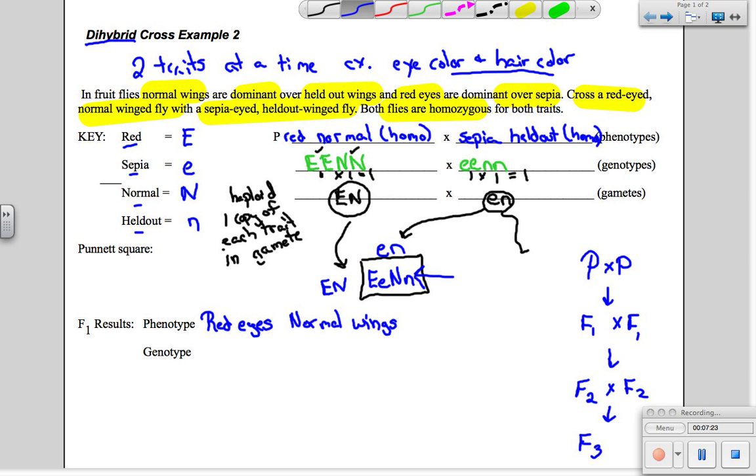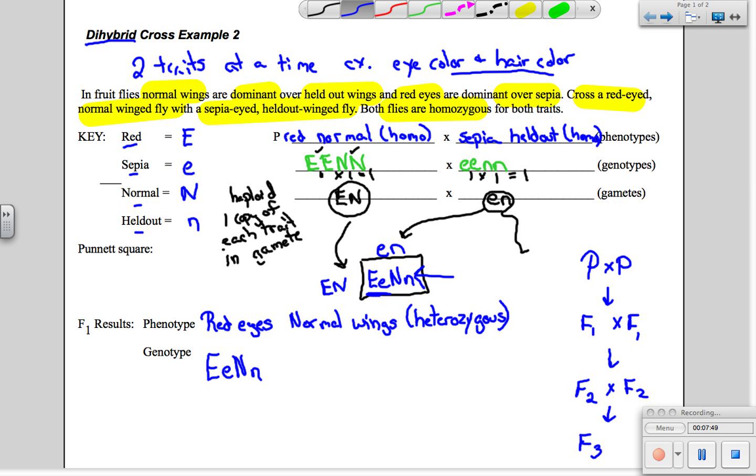Take a look at the alleles. They have two different alleles for each trait, making them heterozygous for each trait. What's the genotype that I've determined? The genotype is capital E, lowercase e, capital N, lowercase n.